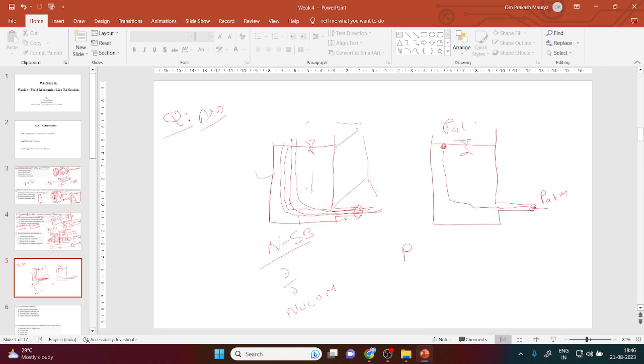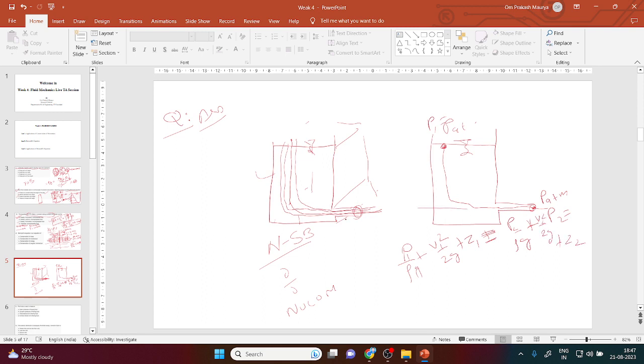So you write your equation, P by rho g plus v square by 2g plus z, for steady and incompressible flow, equal to P2 by rho g plus v2 square by 2g plus z2. At P2 and P1 both are atmospheric.